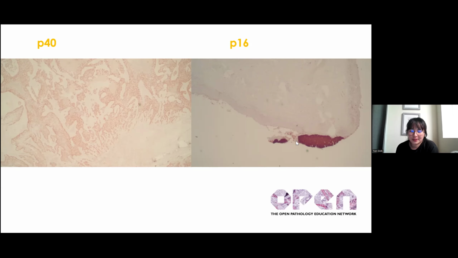However, we can use P16 as a surrogate marker for oncogenic HPV infection. And we can see here a diffuse positive pattern, although it abruptly stops, but we can still call it positive. And on the left is P40, which is a nuclear stain for squamous differentiation, and this is also diffusely positive.